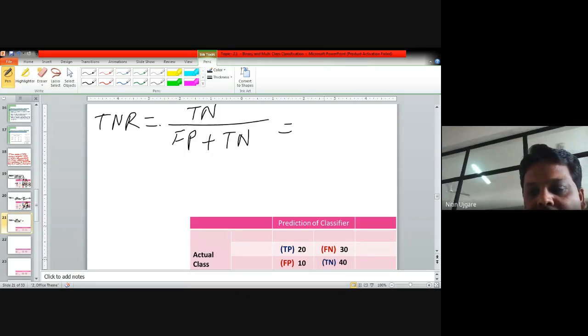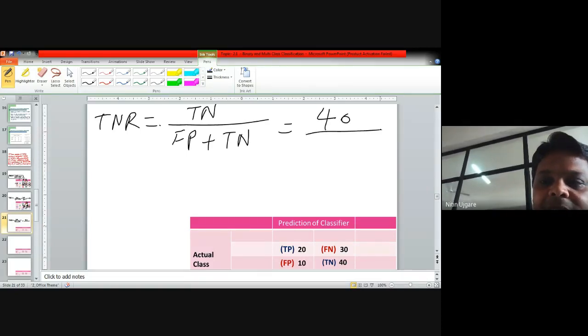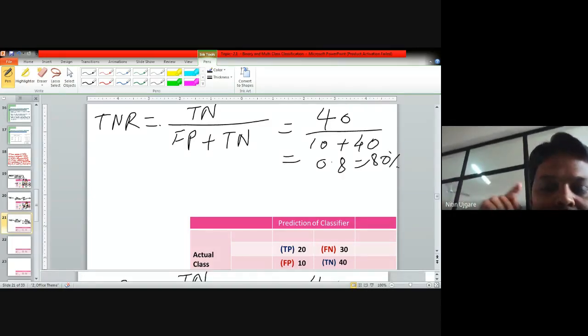In this example, the correctly classified negative instances are 40, divided by the misclassified negative instances, 10, plus the correctly classified ones, 40. So this gives me a rate of 0.8, that is 80% of negative class instances are correctly classified by the classifier.